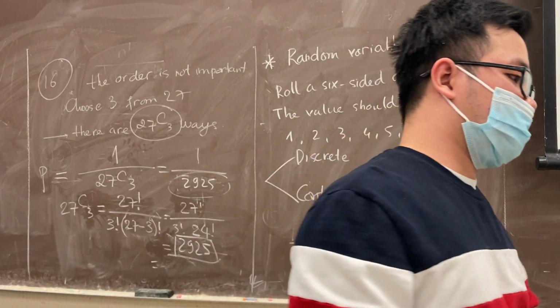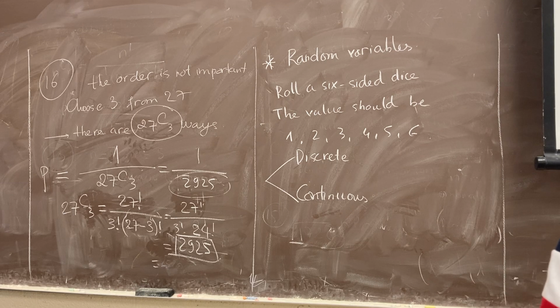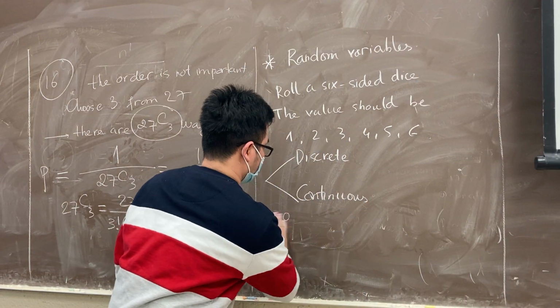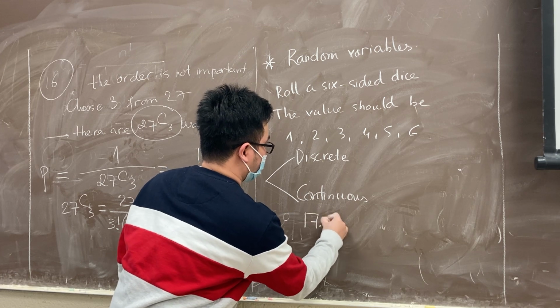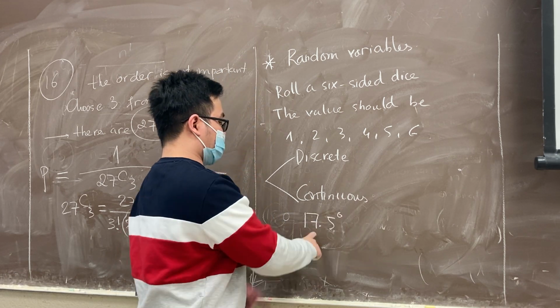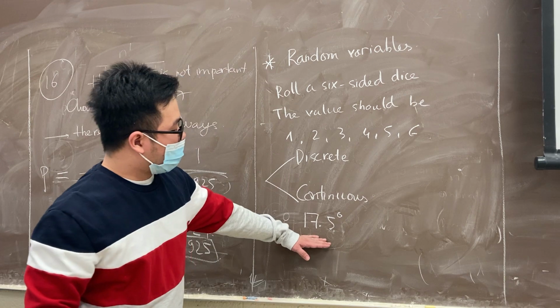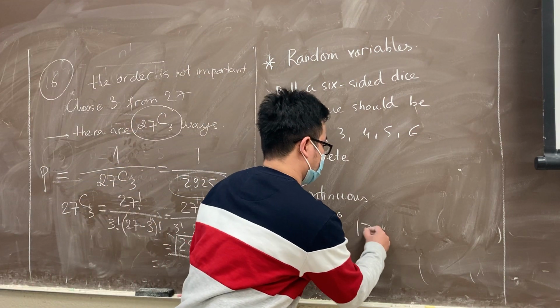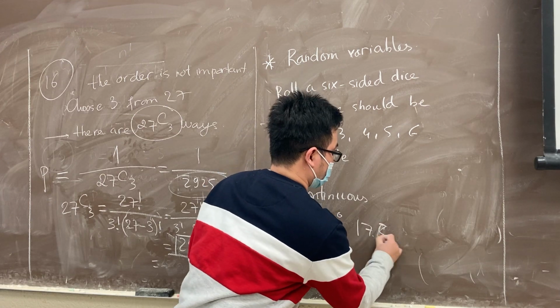We only measure it. For example, when I talk about the temperatures in Detroit, you cannot count it, you only measure it. For example, we have 17.5 degrees. You will not know what the next value is, right? The next value is this number or this number, something like that.